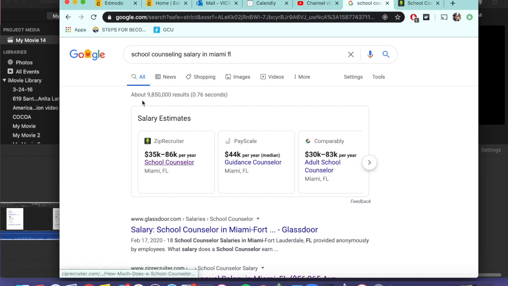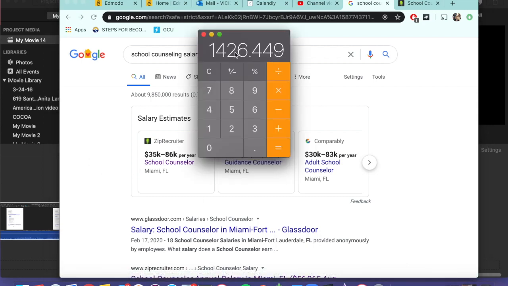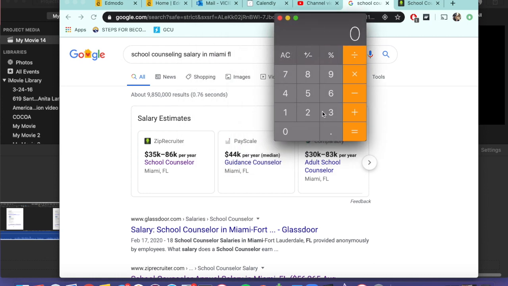If it shows you a range like this, you have to find the average between these two numbers, the lower part and the higher part. The way to find the average is you would put 35,000 plus 86,000, and you would divide it by 2 because there are two numbers.